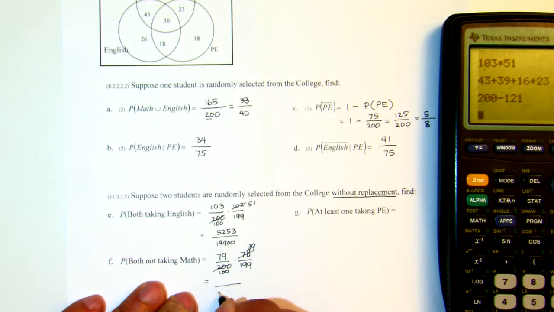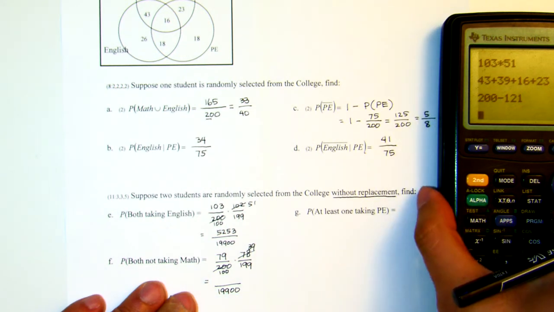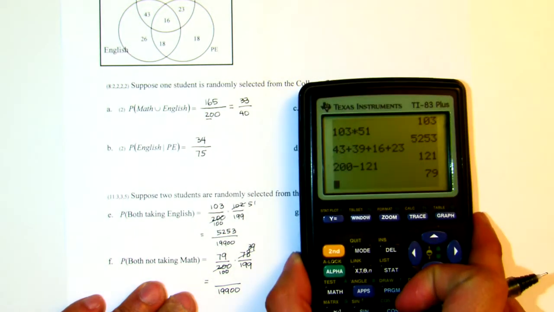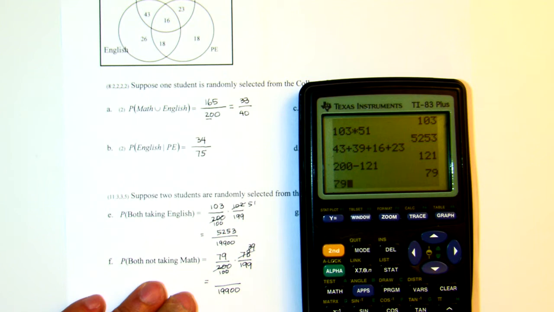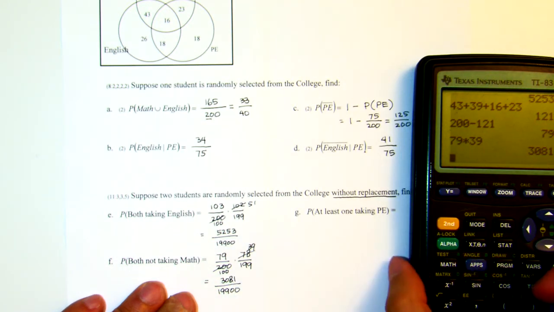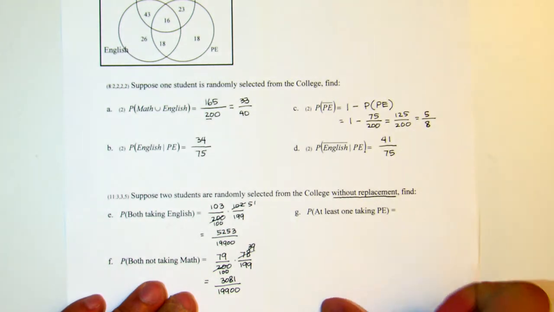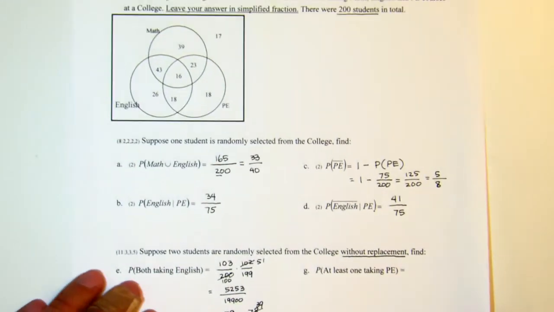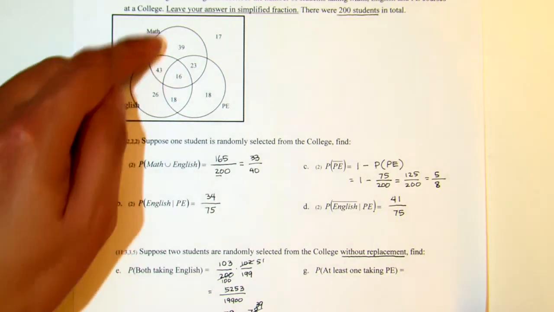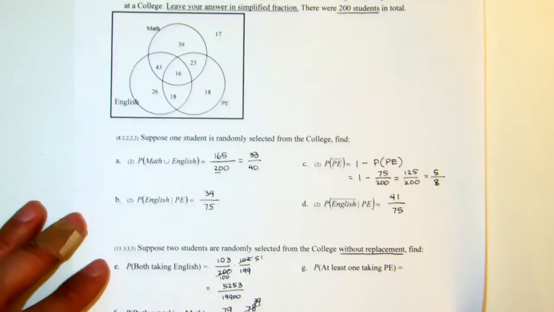So we will have 19900, and on the top that will be 79 times 39, which is 3081. Now let me show you again the picture up there, if you want to see how many students are taking math, that's how I add them.